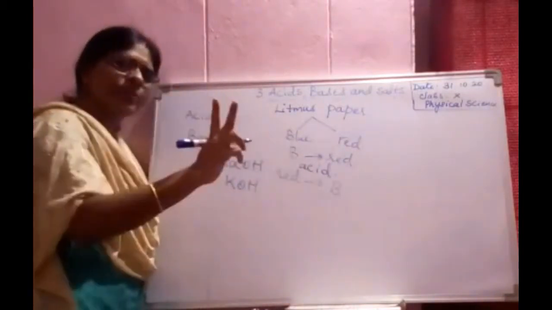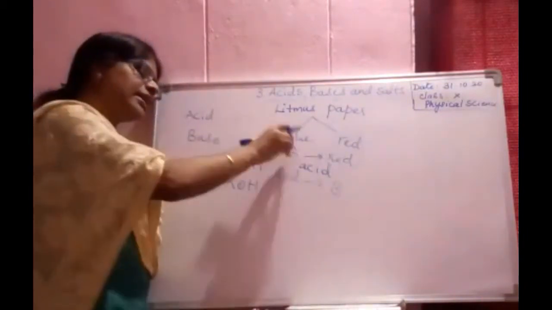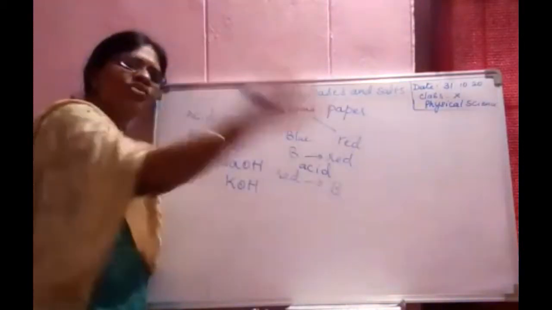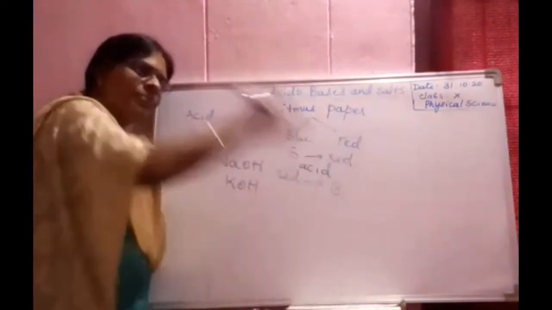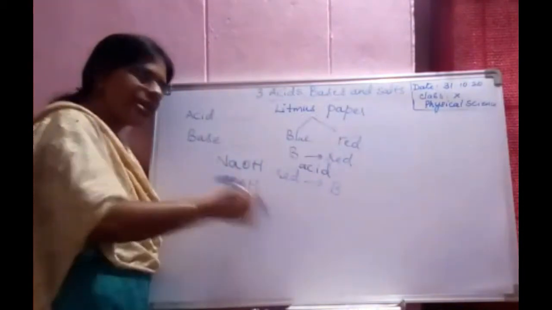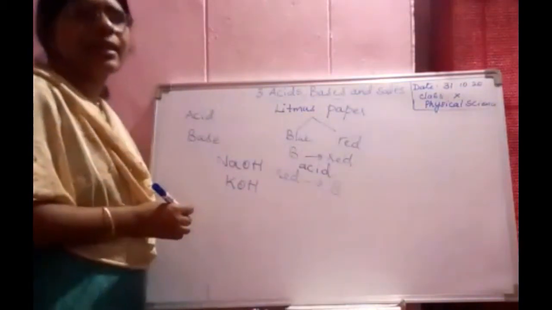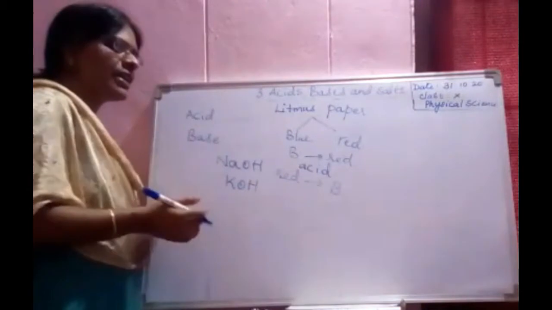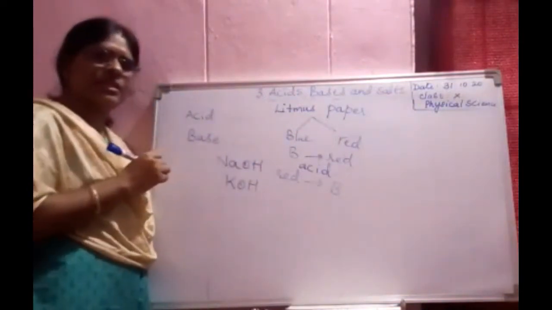There are two litmus papers, blue and red. If I dip blue litmus in an acidic solution, it changes into red. If I dip my red litmus paper into a base like this, it changes into blue. This is the test to find out whether the given substance is an acid or a base.